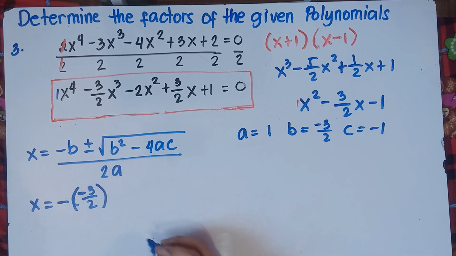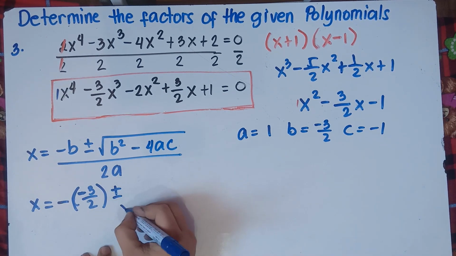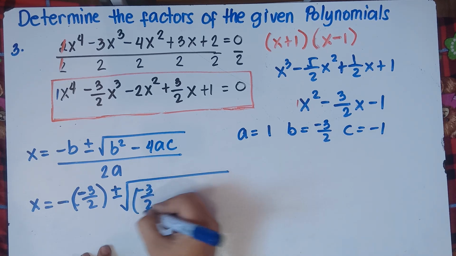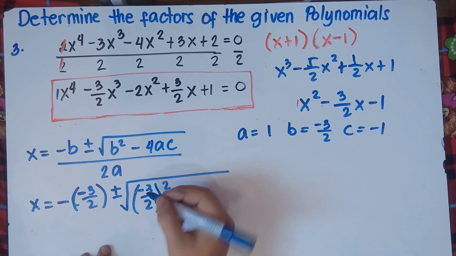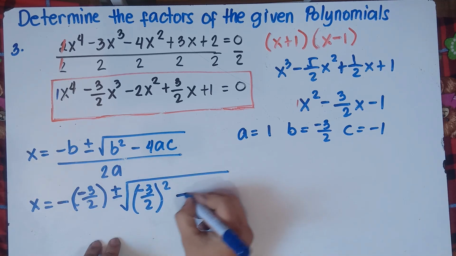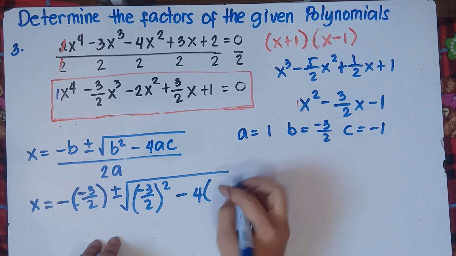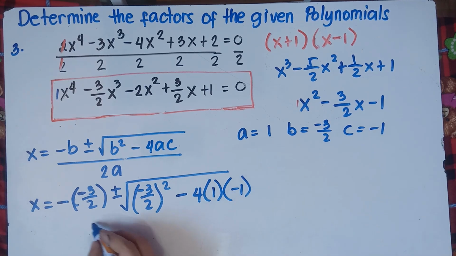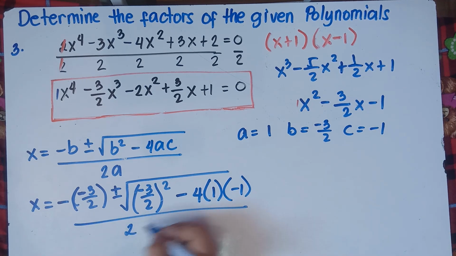Then plus or minus, your b is negative 3 over 2, squared, minus 4, then your a is 1, and your c is negative 1, all over 2 times your a, which is 1.